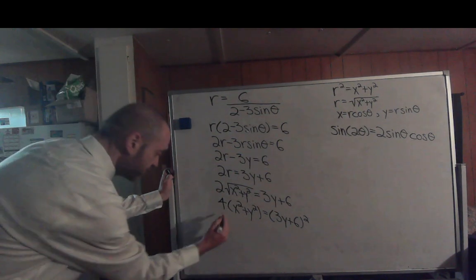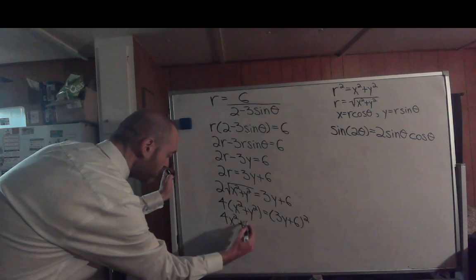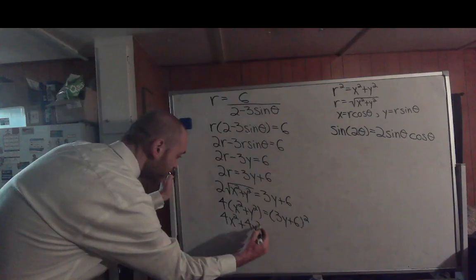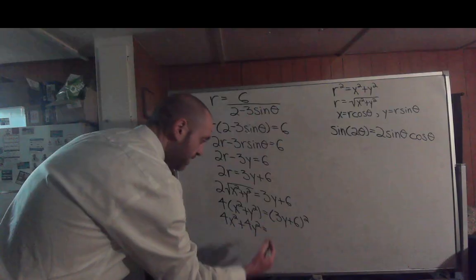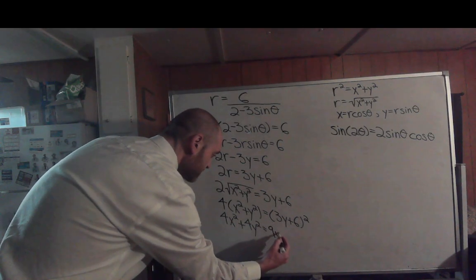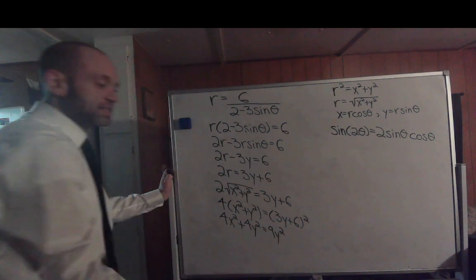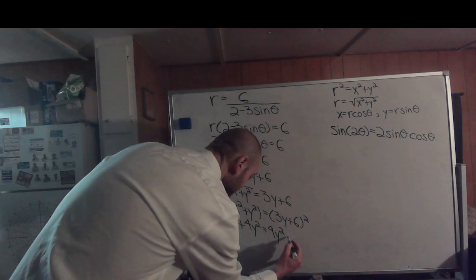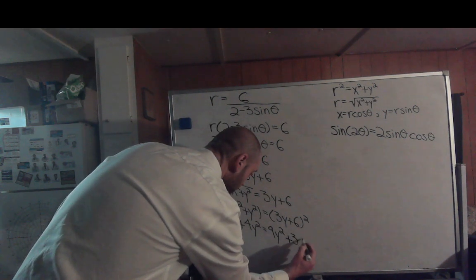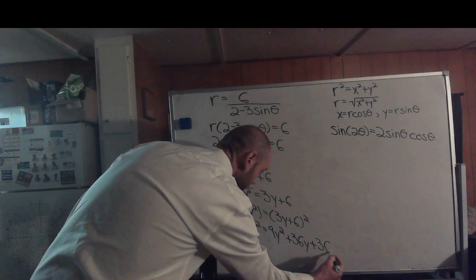So distribute the 4, you would get 4x squared plus 4y squared is equal to this binomial square, so 3y squared would give you 9y squared. Alright, 3y times 6 is 18y times 2. That's actually going to be 36y. Plus that 6 squared, that's just plus 36.